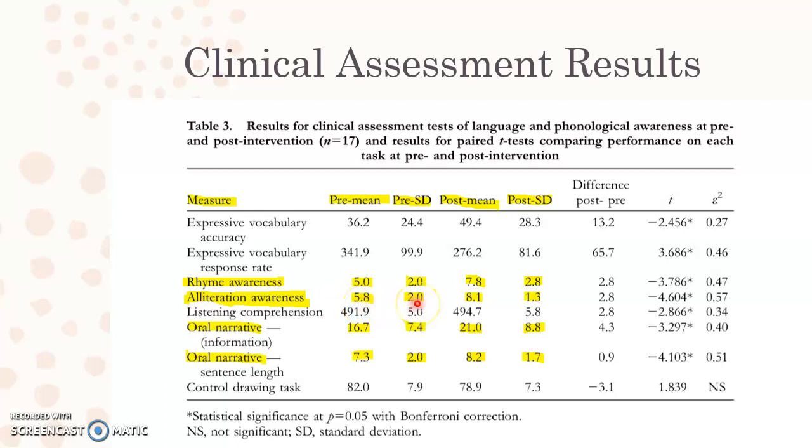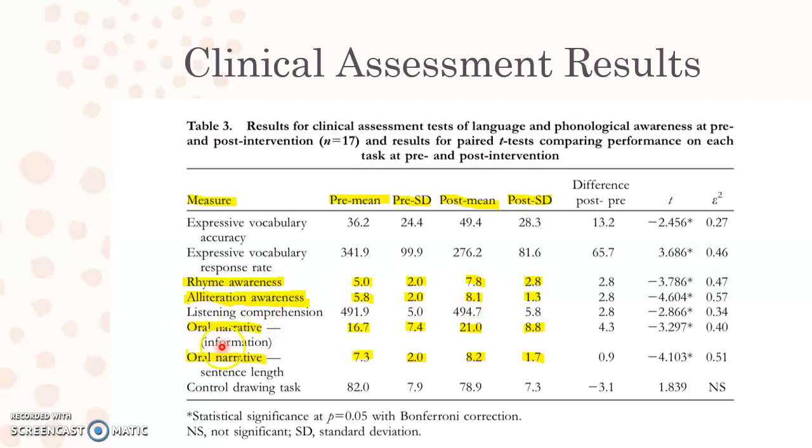The pre-standard deviation was 2.0. The post-mean was 8.1, and the post-standard deviation is 1.3. And for alliteration awareness, this was one of the biggest jumps. This one had significant improvement.